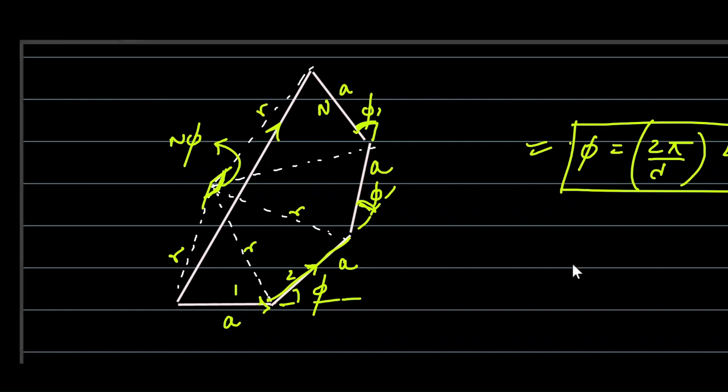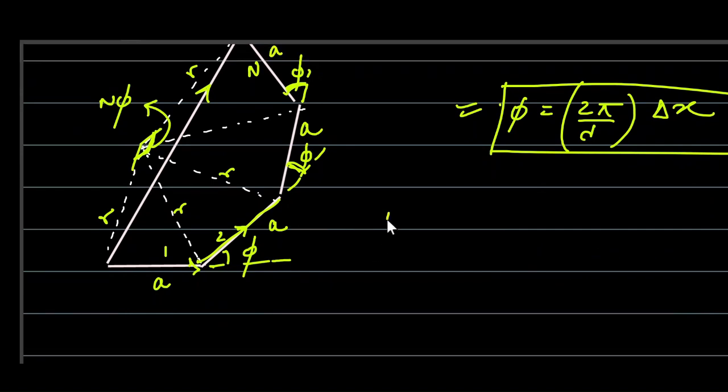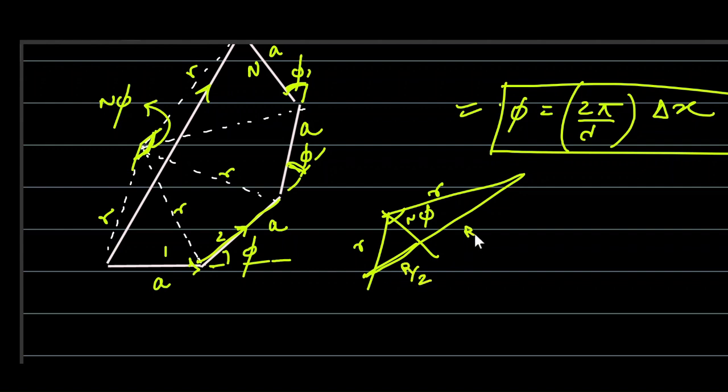Now we'll observe two triangles. In the triangle with n phi, small r and small r, let's say this is r by 2, this is r by 2.